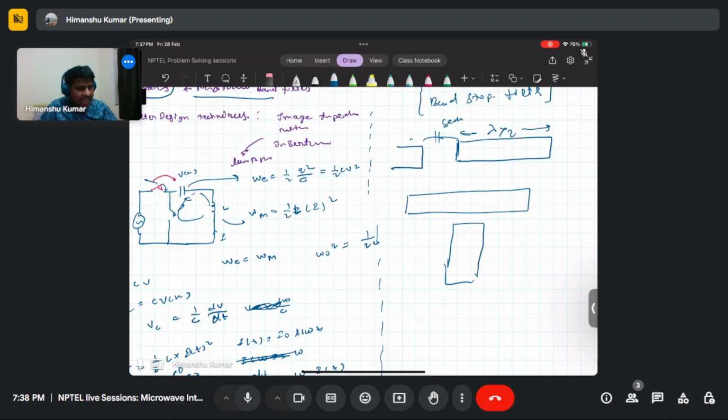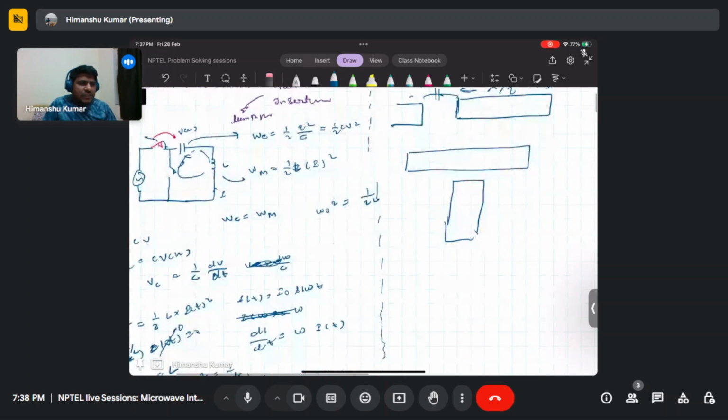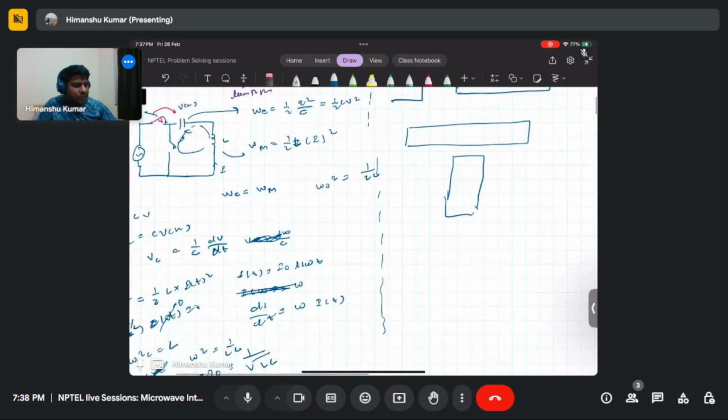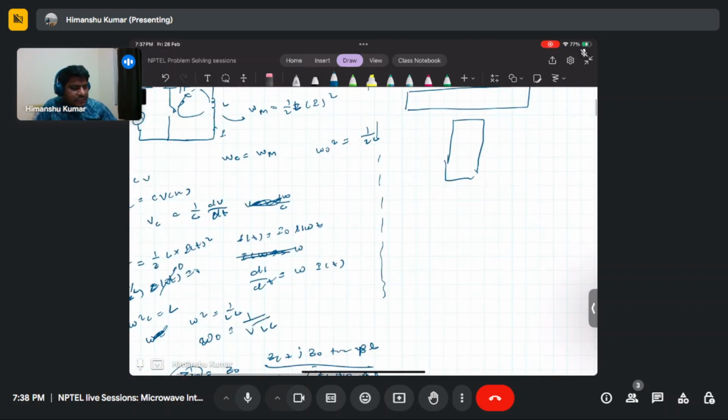So different kinds of topologies are there. You can realize the resonator by series line, and also with the shunt line.